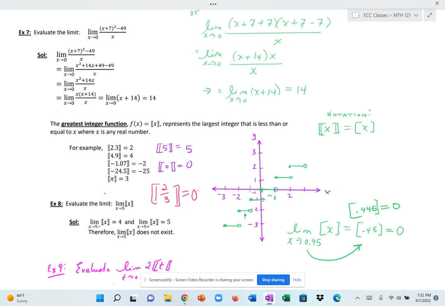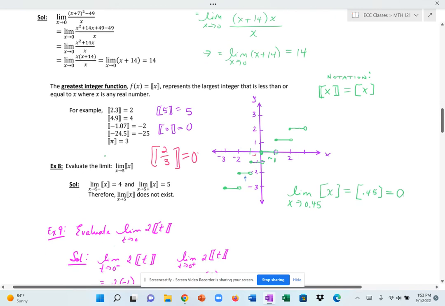And if I was a little bit bigger than 0.45, let's say like 0.451, that would also round down to 0. So in that case, the limit would exist. So for the greatest integer function, the limit does not exist when the value of the variable is approaching an integer. Not true if it's approaching something between the integers.